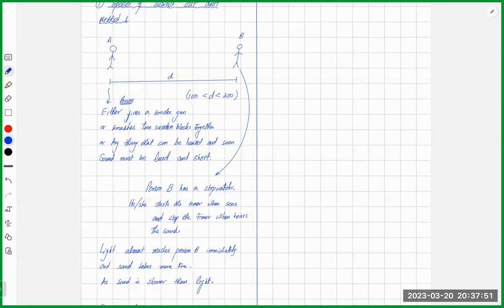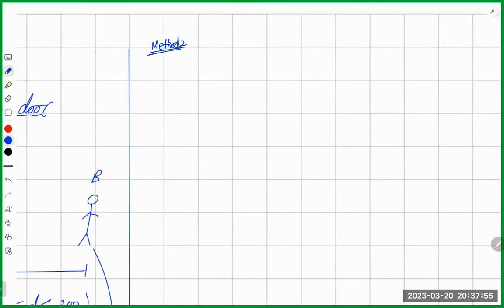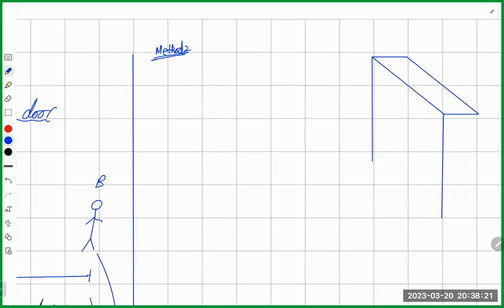Method 2. This is a tall building in a deserted area.